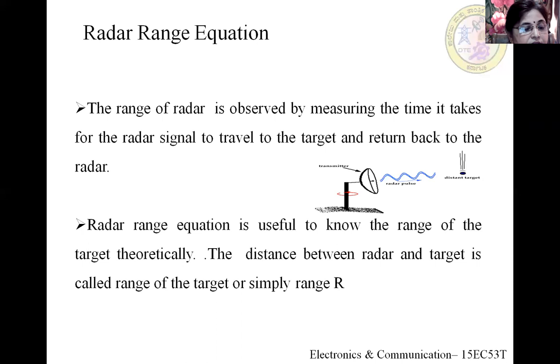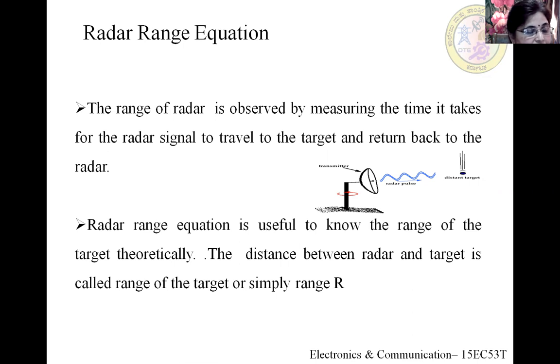Radar is the gathering of information about distant objects or targets by sending electromagnetic waves at them and analyzing the echoes. The radar consists of a transmitter and receiver, each connected to a directional antenna.